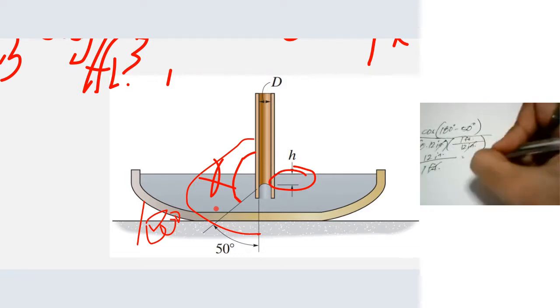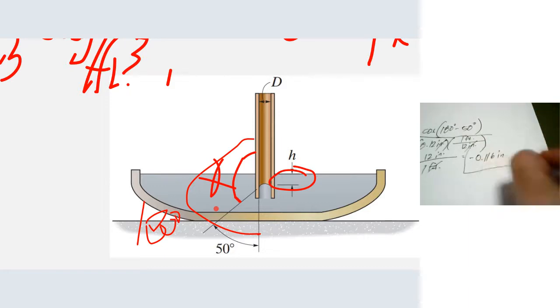It's negative 0.116 inch. So actually, hindi siya capillary rise. Kasi bumaba, no? Yung negative sign indicates that this height went downward. So kaya siya negative.